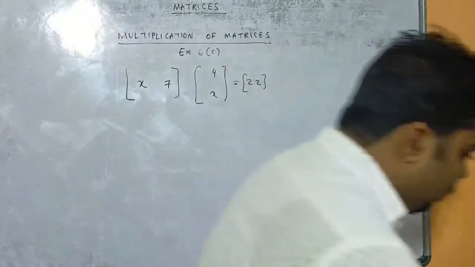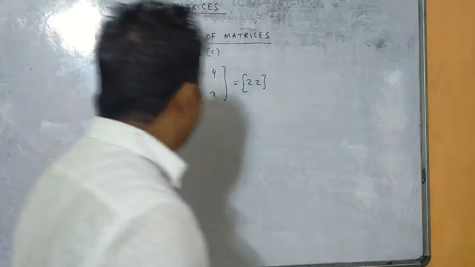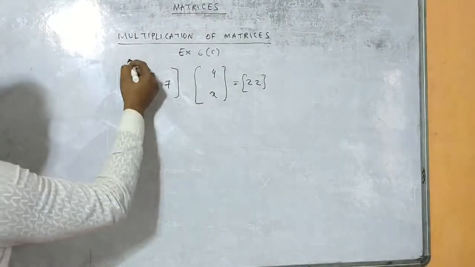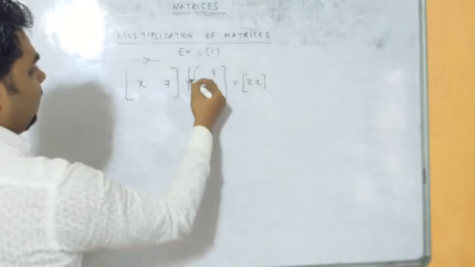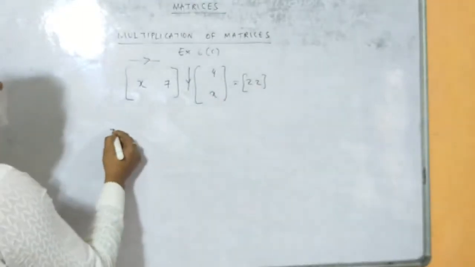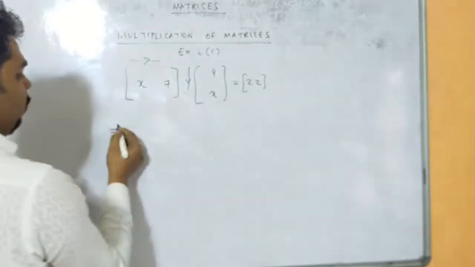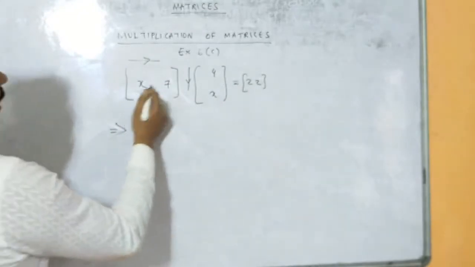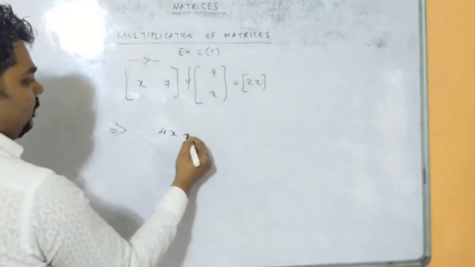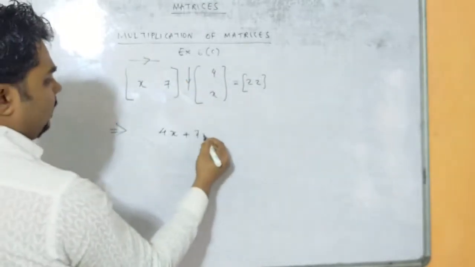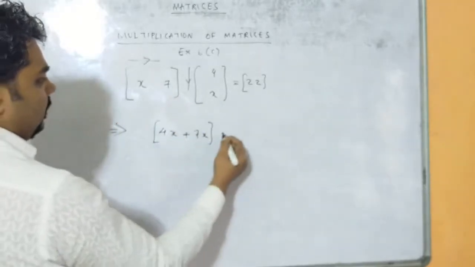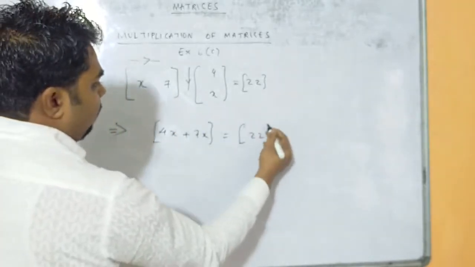Okay, so this is the question. We need to get the value of x. So again, row 1 and column 1 multiplication. So when you multiply, you see already 1 equals to sign is there, so I will write here implies 2. Now x into 4, that is 4x, plus 7 into x, 7x, right? 22.